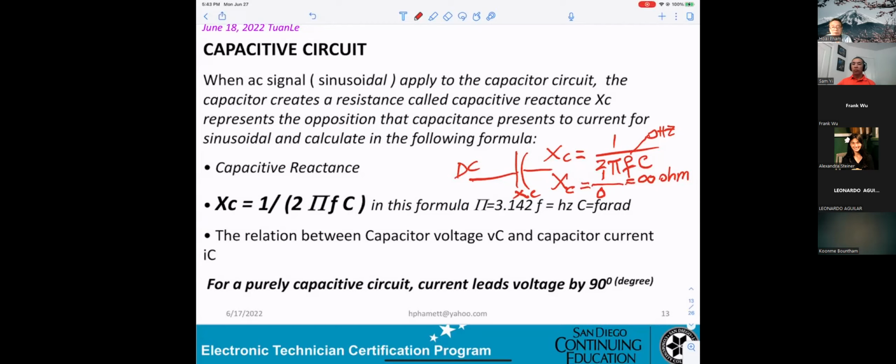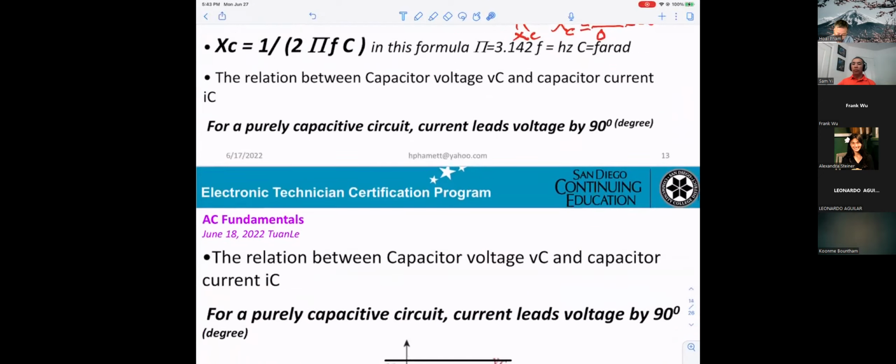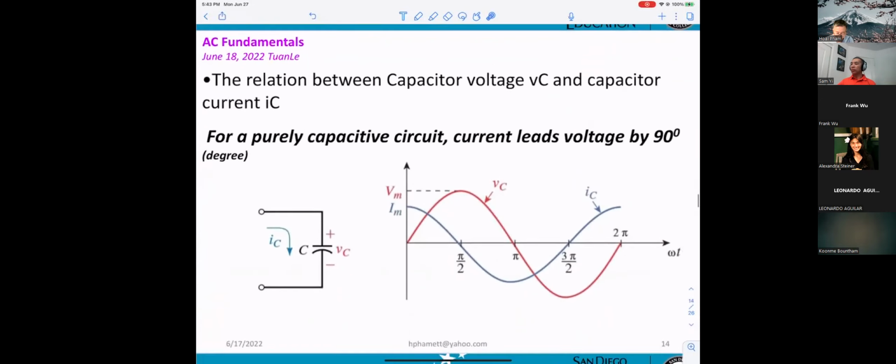And the other thing you have to memorize for the capacitor: the current leads the voltage by 90 degrees. Now, try to see how they lead.